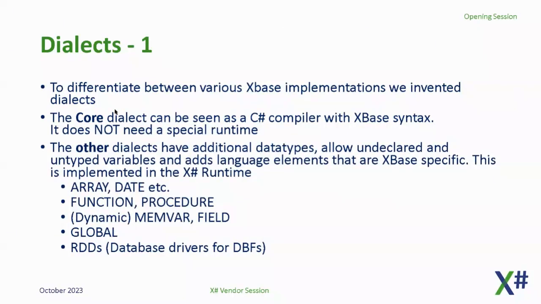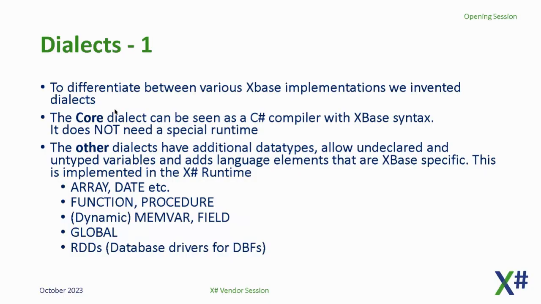Okay, I mentioned the word dialects. So what we have done is to differentiate between different implementations of XSpace. We introduced the concept of dialect. And our most important or most basic dialect is what we call the core dialect. And core dialect is nothing more than C# with an XSpace syntax.